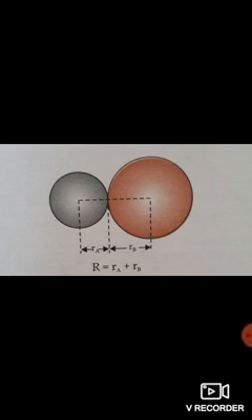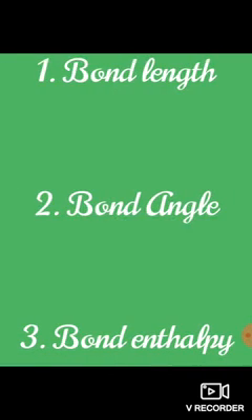First is bond multiplicity. Bond length decreases with increase in bond multiplicity, meaning double bond, triple bond. As the bond multiplicity increases, the bond length decreases.